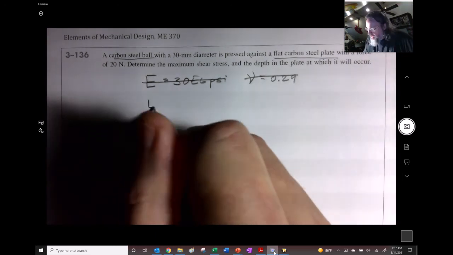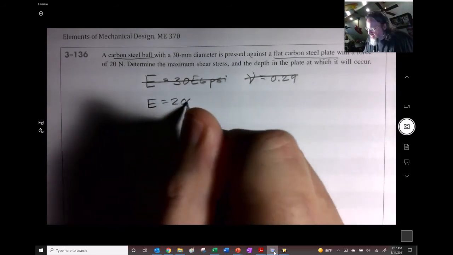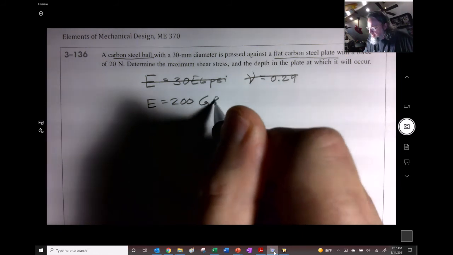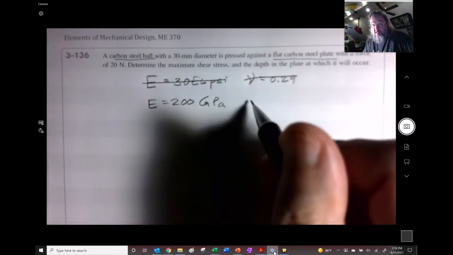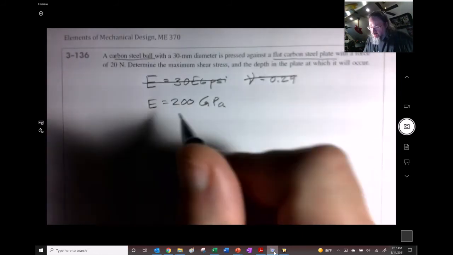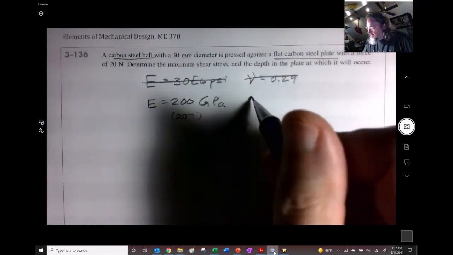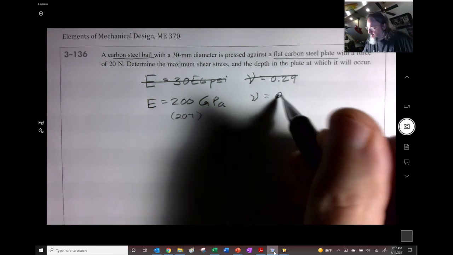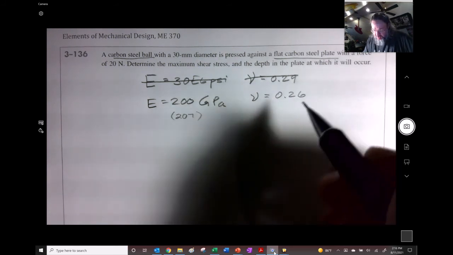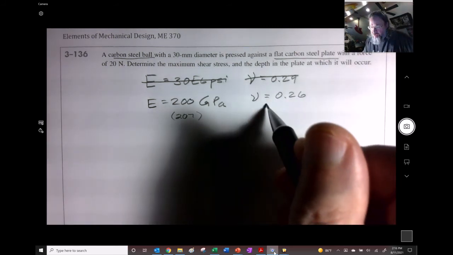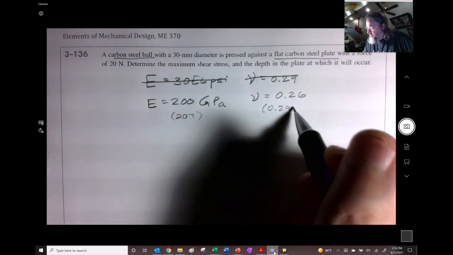I said the steel had 200 gigapascals as its elastic modulus, and Shigley used 207, and I used 0.26 where Shigley says 0.292.